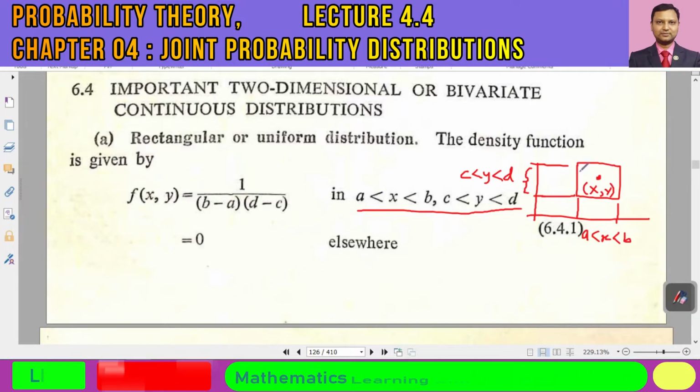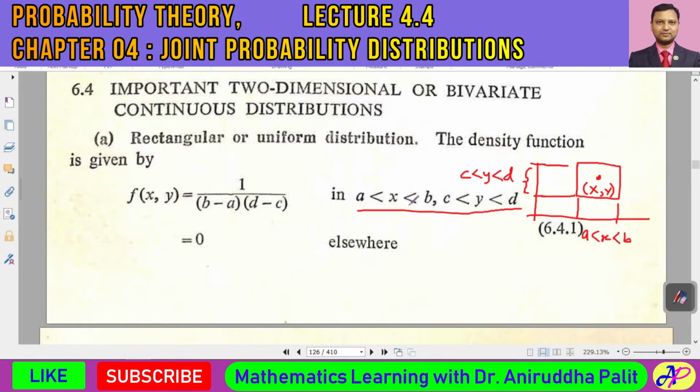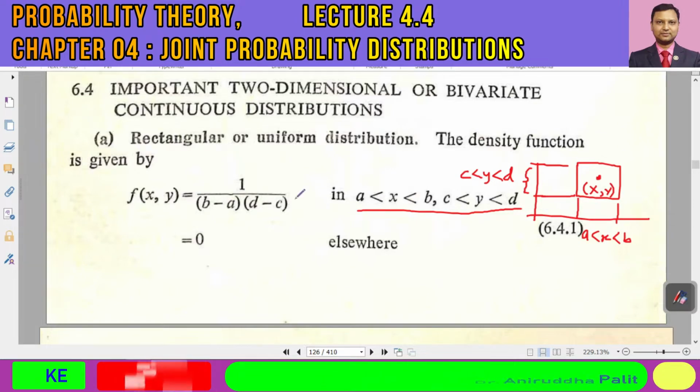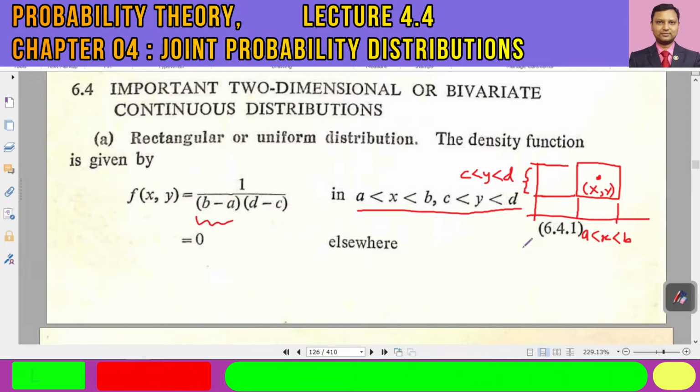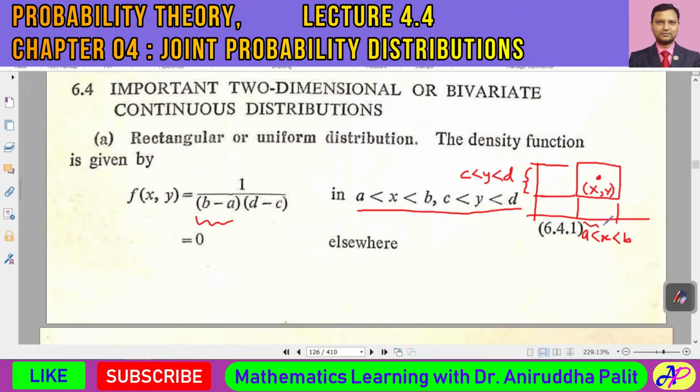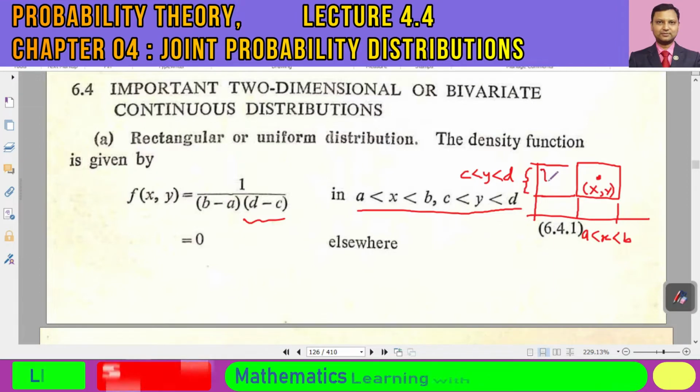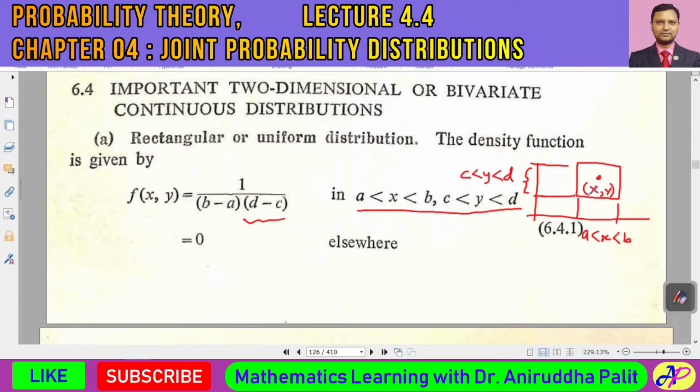And within this rectangular region, for such choice of the values of x and y, the density function has the expression 1 by (b minus a) into (d minus c). What is b minus a? b minus a is the length of this interval along the x-axis, and d minus c is the length along the y-axis.